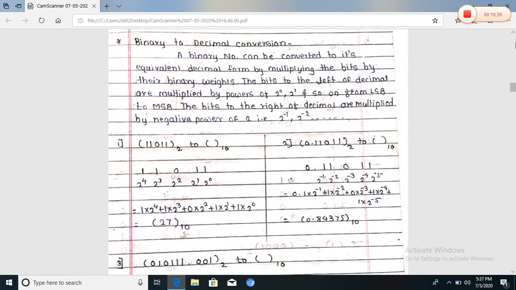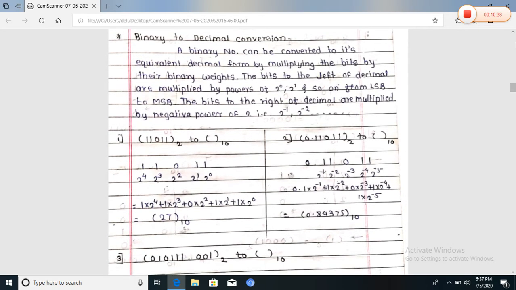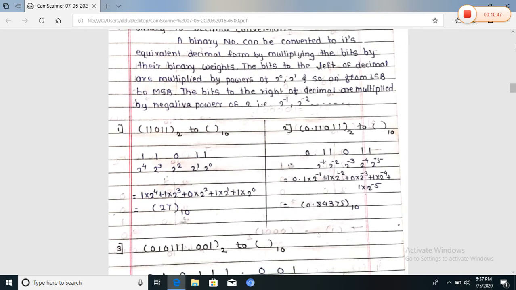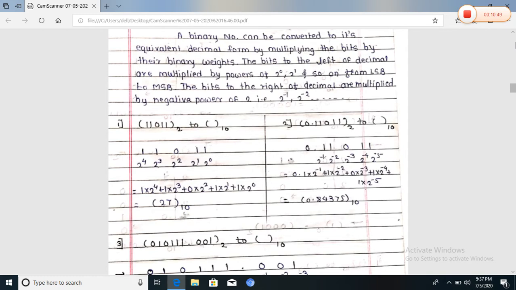The bits to the left of the binary point are multiplied by positive powers of 2, from LSB to MSB, and the bits to the right of the point are multiplied by negative powers of 2, that is, 2 raised to minus 1, 2 raised to minus 2.